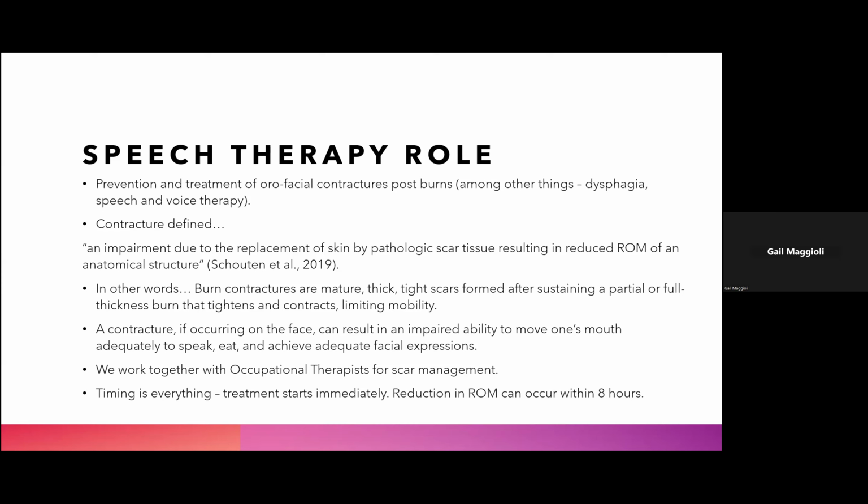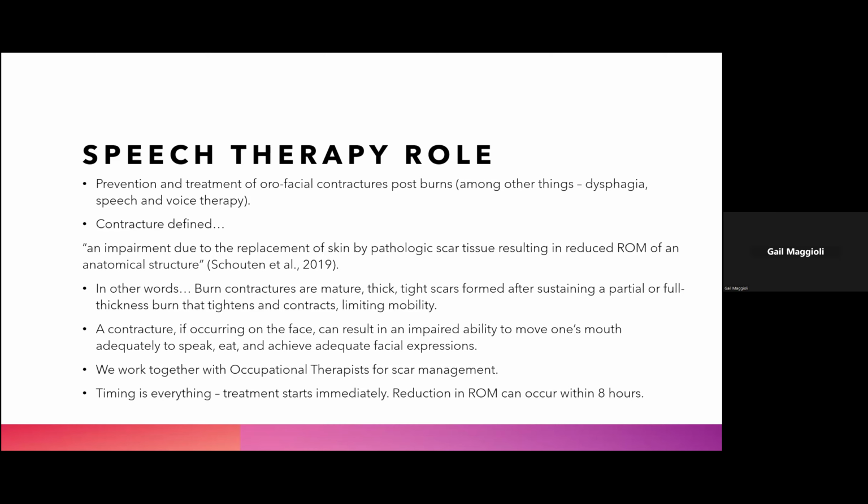So treatment starts immediately when the patient comes into the unit. And what we've seen is that reduction in range of movement can occur within 8 hours of the person being burnt. Not that it's a permanent contracture at that point, but already that range of movement is limited, which will affect swallowing, it will affect speech, and it's quite debilitating.